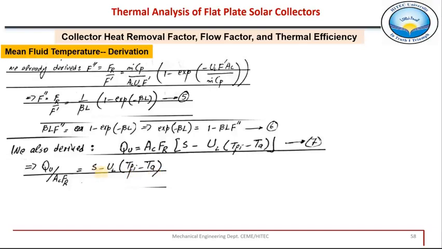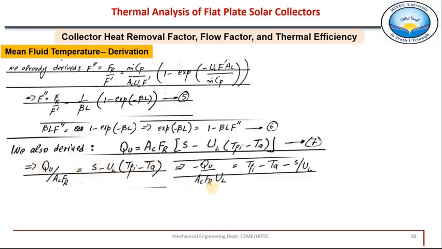And if we take minus common from this side and put it here, then it will be minus QU over ACFR, and here it will be minus S over, now here UL is also taken common from this whole equation. So S by UL, and this will be TFI minus TA. All right. So here the minus was taken out and that was transferred here. So this step is hopefully clear.